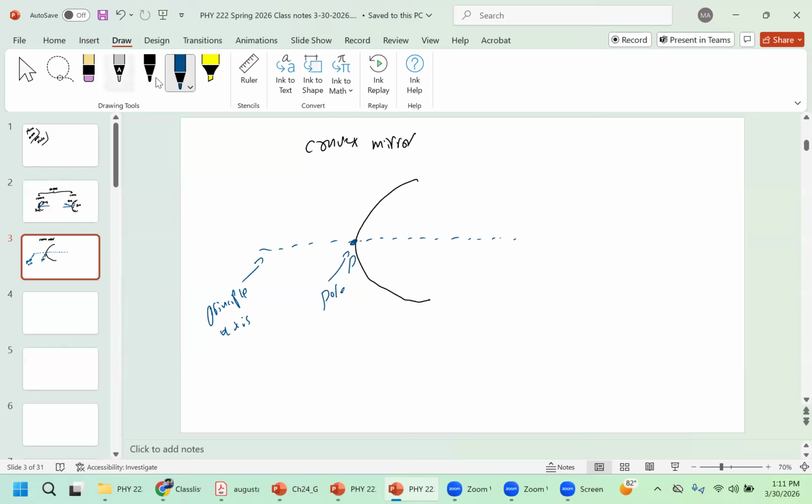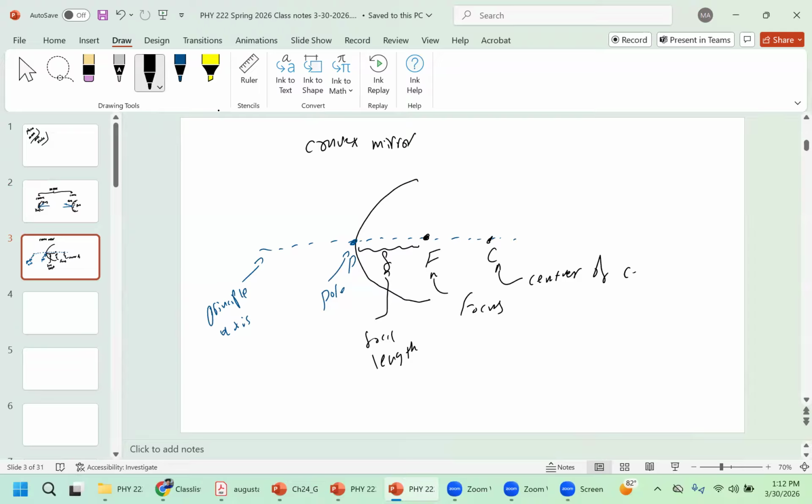We give it a little p. Somewhere in there, we get f for focus, where the distance from the pole to f is your focal length. And that's your center of curvature, like we talked about last time.